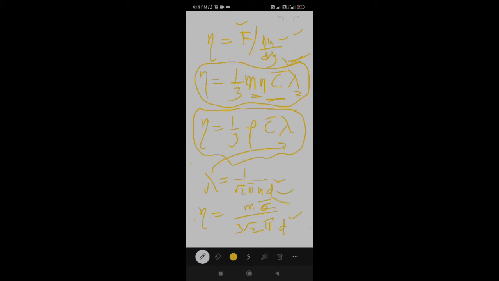So what is the final expression for eta? m c bar by 3 root 2 pi d square.